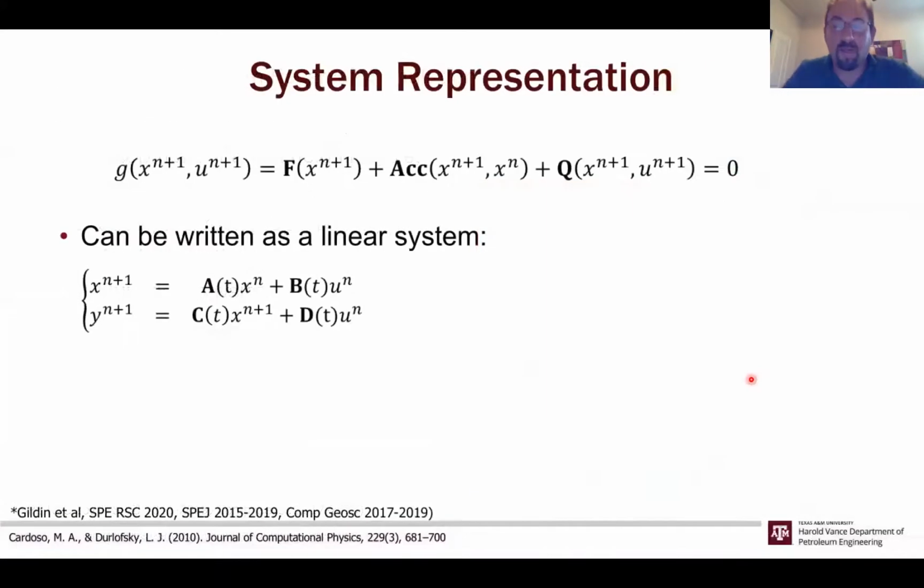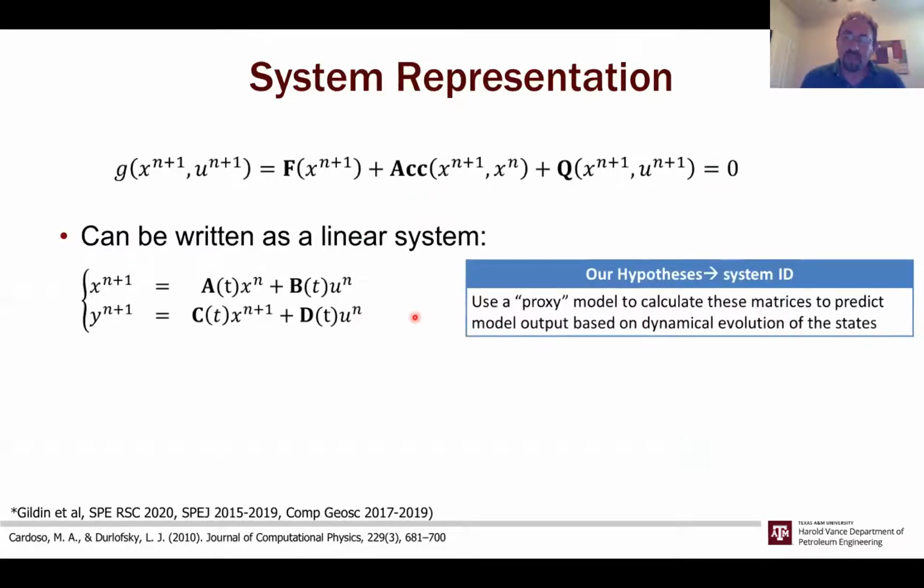Okay, so if you pose this problem in a system framework, right, we can get a discretized PDE here and linearize that partial differential equation, and you get a time varying system like that. And what we would like to do is to come up with proxy models that can determine what these A, B, C, D matrices are based upon input and output, right?